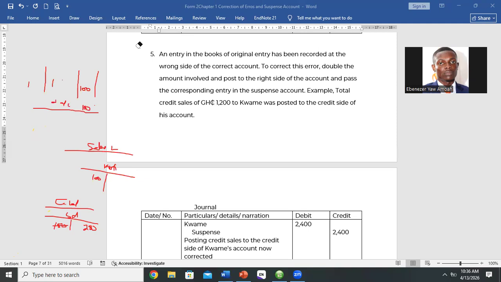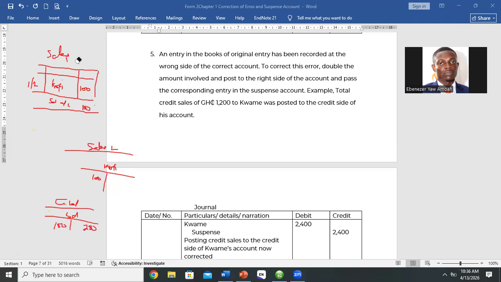Okay, so this is what I did. I first of all created a book of original entry, and we remember books of entries, day books, right? After preparing the day books, you post them to the ledger accounts.